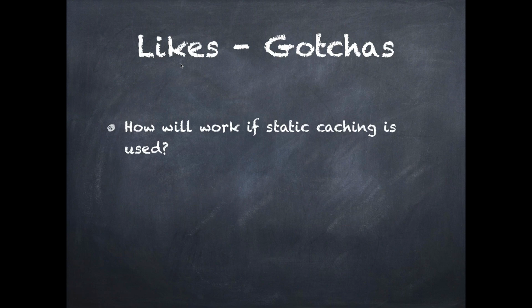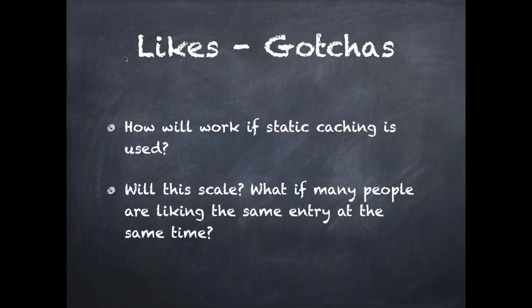Keep in mind the CSRF token won't be valid on a statically cached site because it will be cached. So you need to do this using JavaScript, using something like Alpine or some sort of front end call into it. And that's why I have that return in the controller that returns JSON data instead of going back to the page. How will it scale? What if many people are liking the same entry at the same time? Just things to consider.